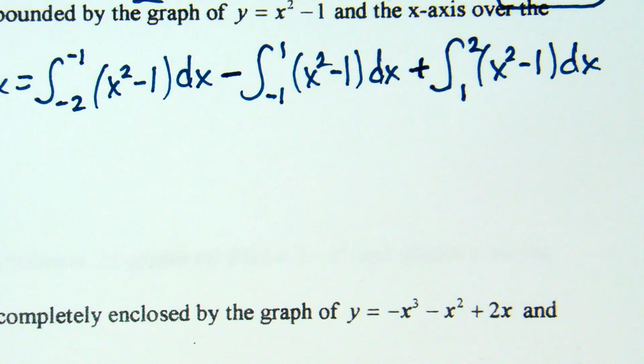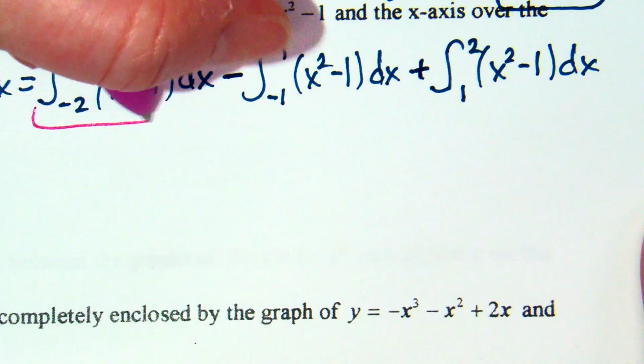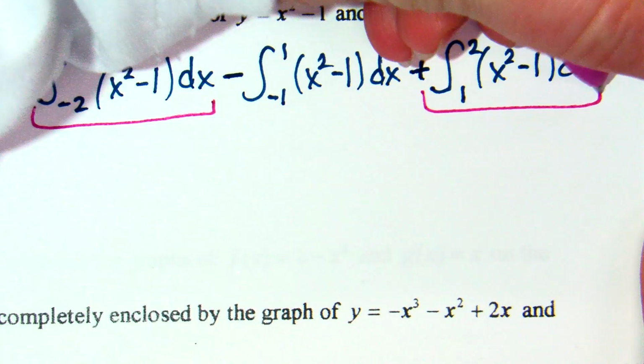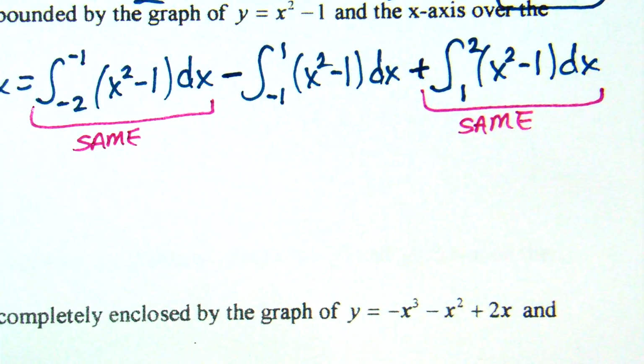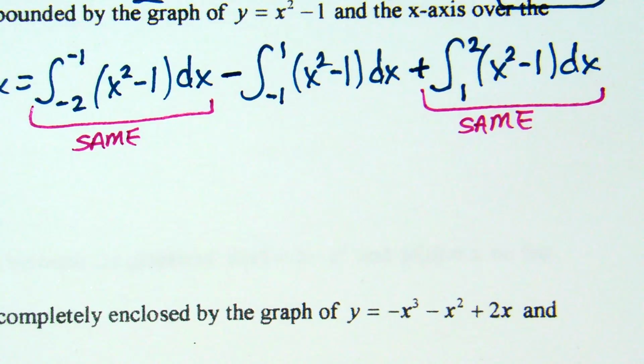This first integral and this second integral are the same, correct? Based on what we know about the symmetric qualities of parabolas, we know that those two regions would be equivalent. So you could do 2 times one of them. If you did that one, which one would you prefer to do? One to 2, because you get to use positive x values. That would be the advantage there.